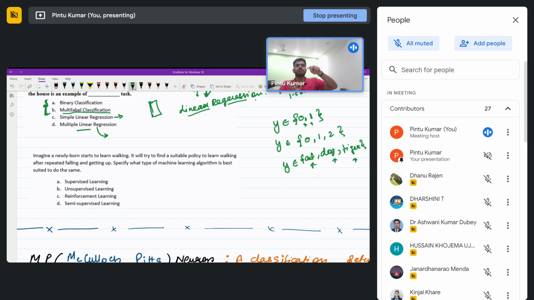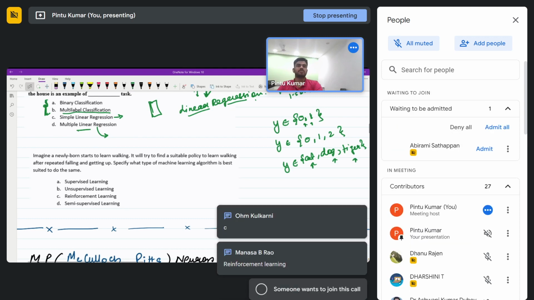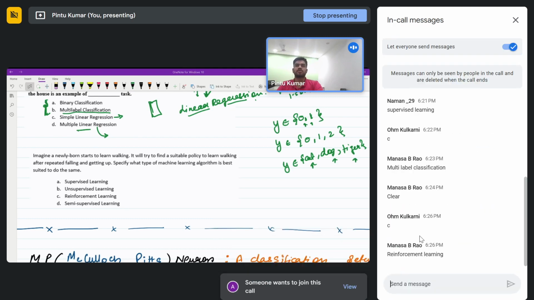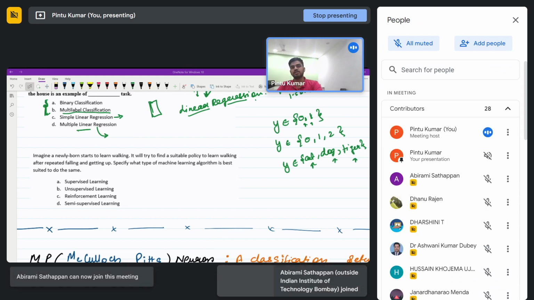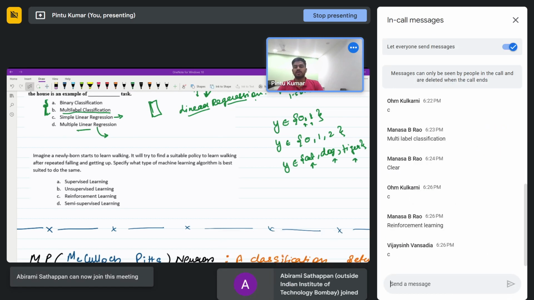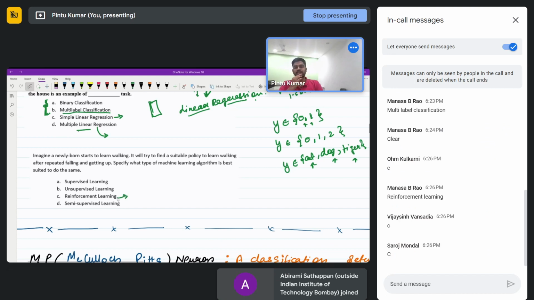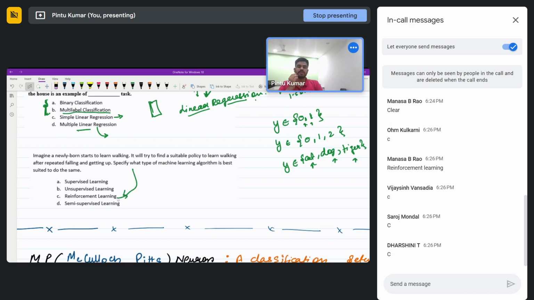If he is able to make a step, then he will feel that he has got some reward. Every time he falls, he will think that he has got some kind of punishment, or negative reward. So this is how a child learns to walk or do different kinds of things when he is young. Reinforcement learning is motivated by a similar kind of setup, and this would fall into reinforcement learning.